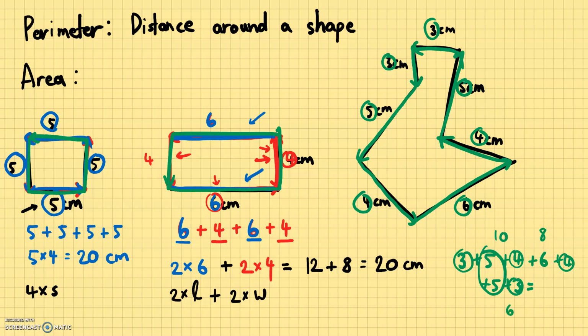So that's 10 plus 8 plus 6 plus 6, which would be 30 centimeters if you go all the way around. So in this case, we didn't even need to use the formula. We just need to know the concept of perimeter, which means just adding up all the sides. So that is perimeter.